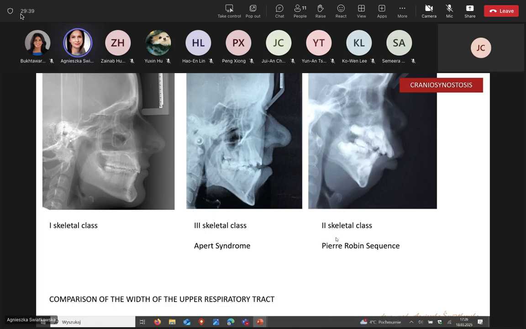And Pierre Robin sequence: here also a very narrow respiratory tract. Pierre Robin sequence is connected with distal position of the lower jaw.